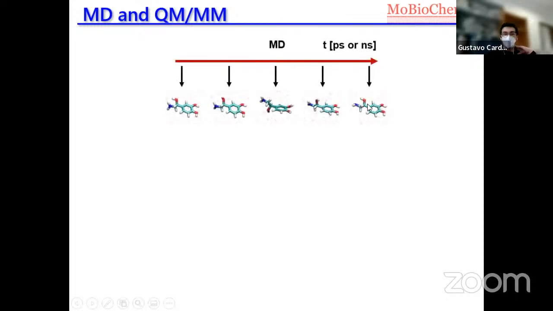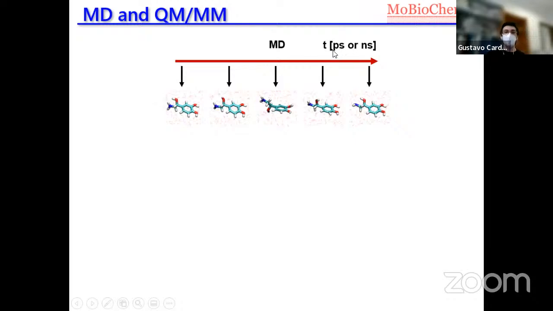So, okay, what are we going to do here? Now, as I also presented about two weeks ago, what we do here is we have a molecular dynamics trajectory for each one of the species.